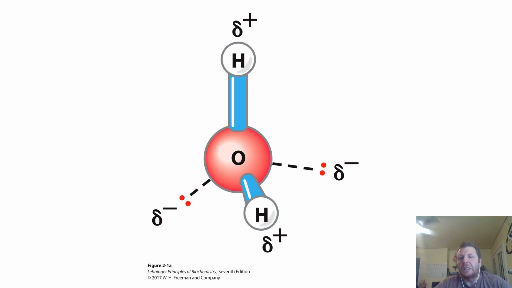This is a little bit weird of an angle to look at our water molecule, but think about this oxygen atom as being far away from us. Oxygen's there, the 2 hydrogens are here, and then those 2 lone pairs of electrons are occupying as much space as they possibly can.